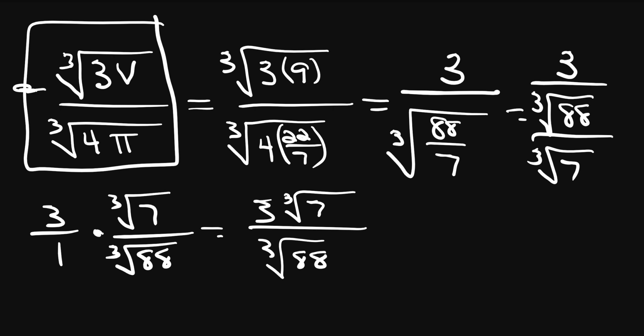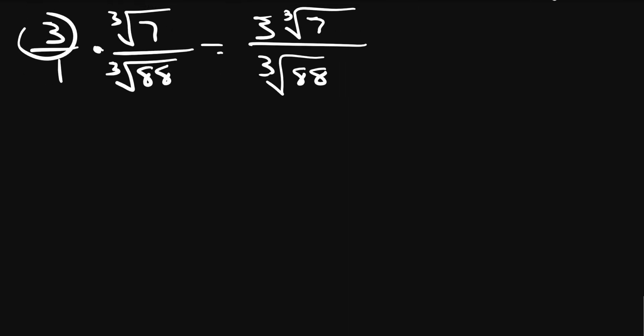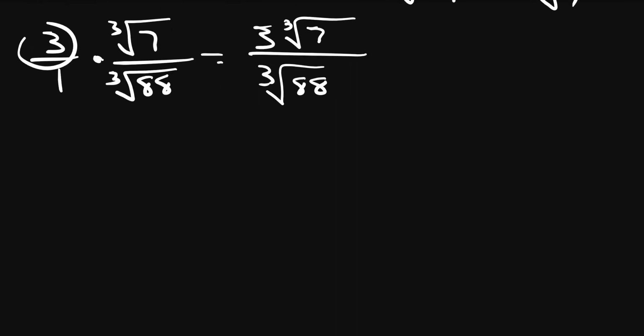I brought these two together so I don't forget that 3. Now at this point I want to take the 88 and simplify it, because notice I have a radical in the denominator, and I'm going to have to rationalize the denominator so I get rid of that radical sign.